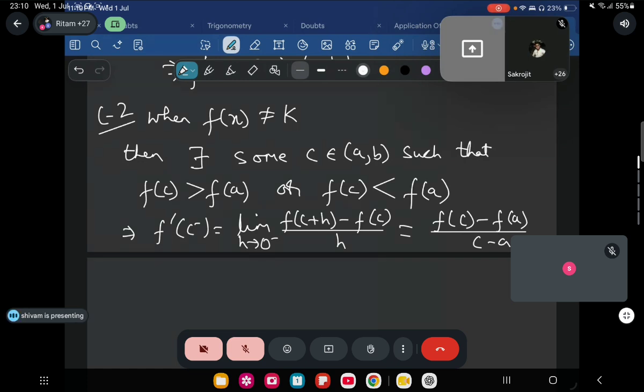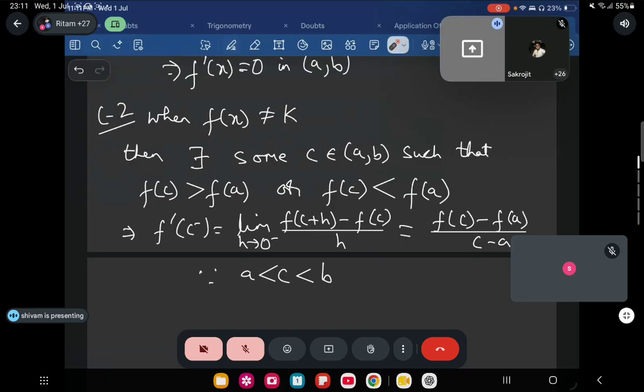Now tell me everyone, since c is greater than a and less than b, c lies between a and b. So this c minus a is positive or negative? Positive. And f of c is greater than f of a. So f of c minus f of a will be positive or negative?